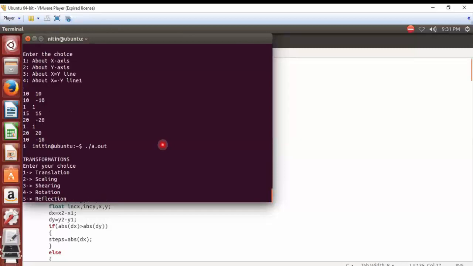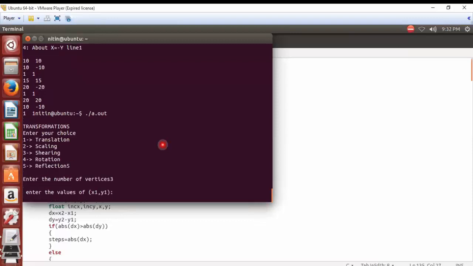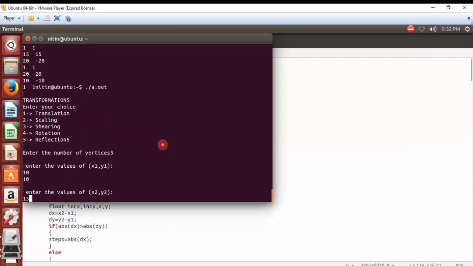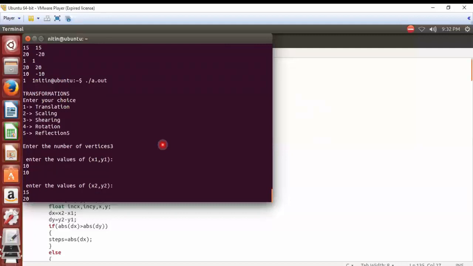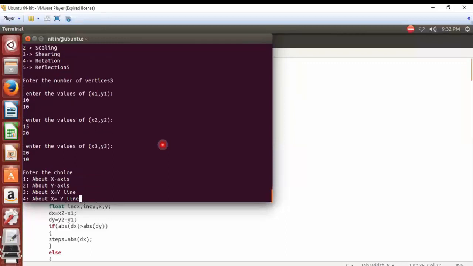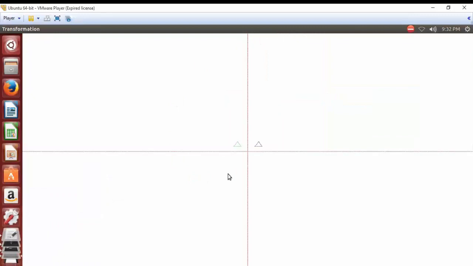Then again reflection about y-axis. This is the output of reflection about y-axis.